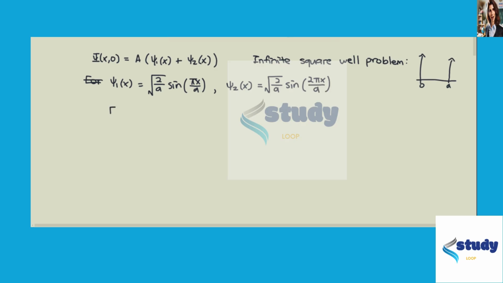We have E1 equals pi squared h bar squared over 2 m a squared, and E2 equals 4 pi squared h bar squared divided by 2 m a squared. First, there are 5 parts in the question.